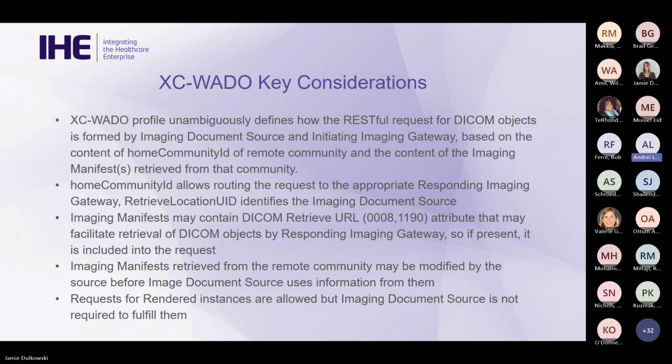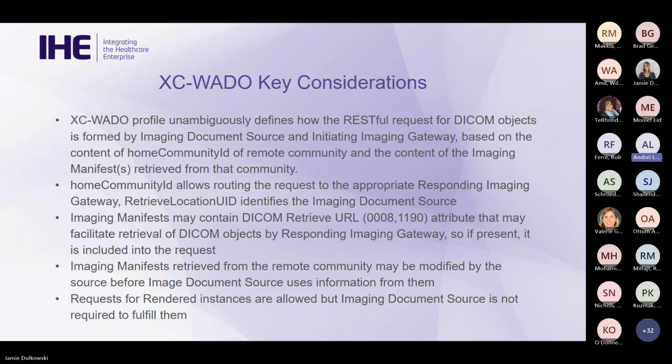And it uses the home community ID of remote community and the content of imaging manifest to formulate that. Home community ID allows routing of the requests to the appropriate responding imaging gateway. Retrieve location UID, which comes from the manifest, identifies the imaging document source.